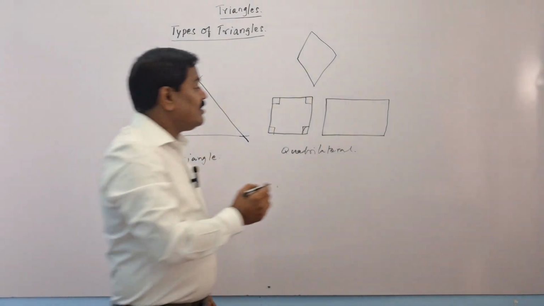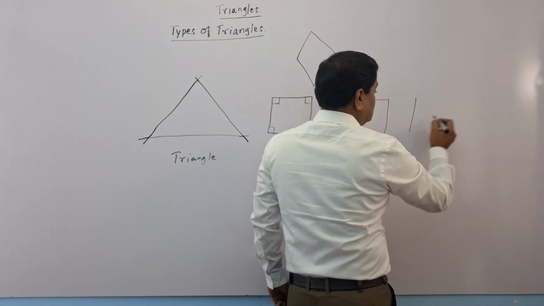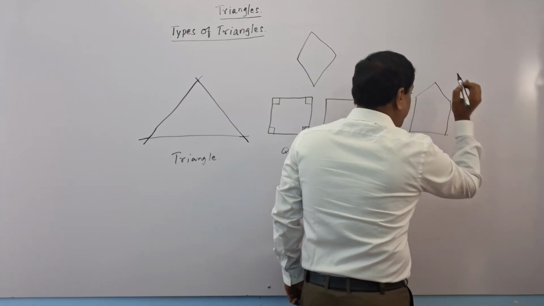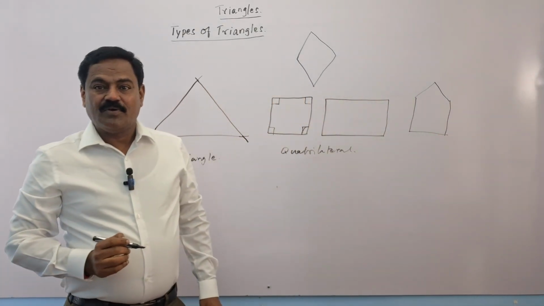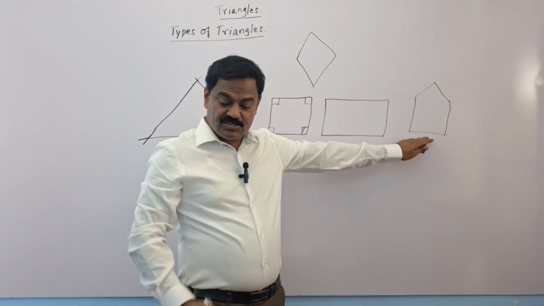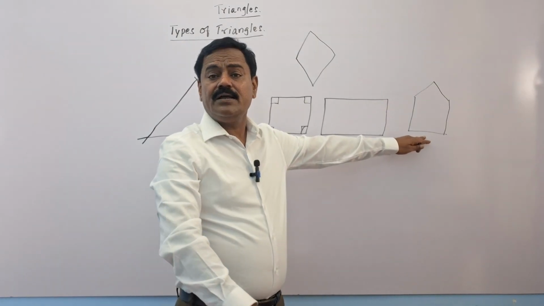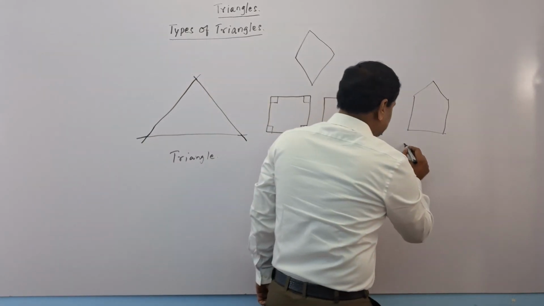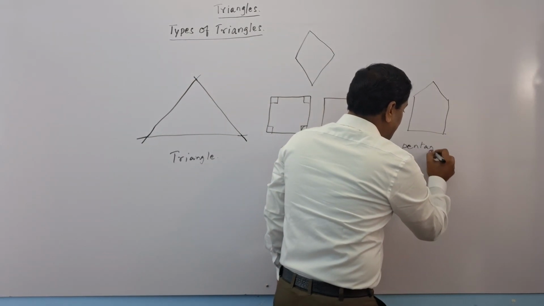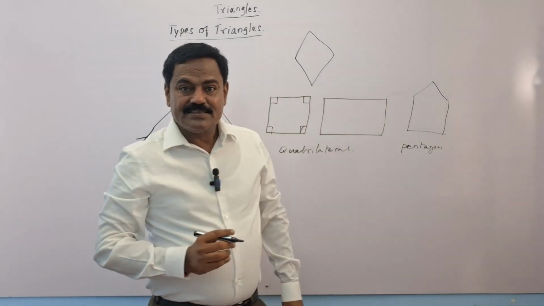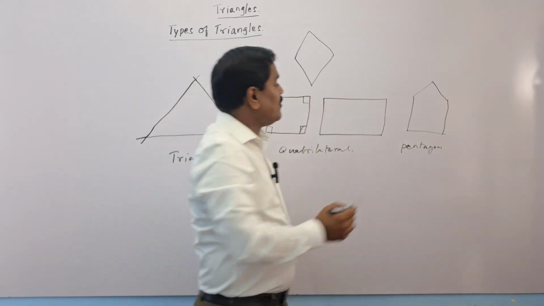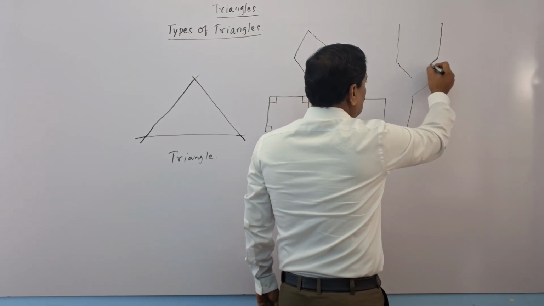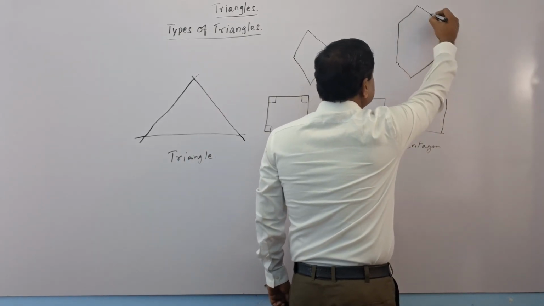Okay, let's say five lines: 1, 2, 3, 4, 5. Here five lines are intersecting and forming a shape which is called a pentagon. Let's say six lines are forming. Take here 1, 2, 3, 4, 5, 6.